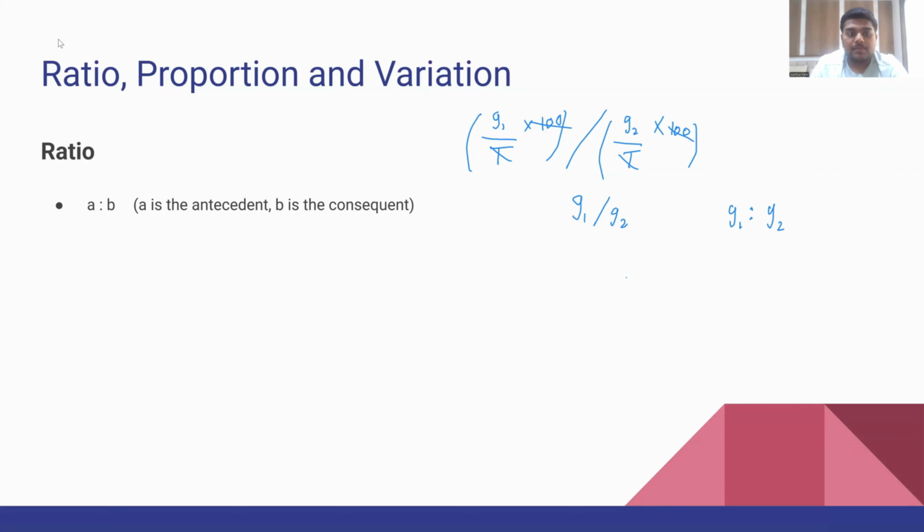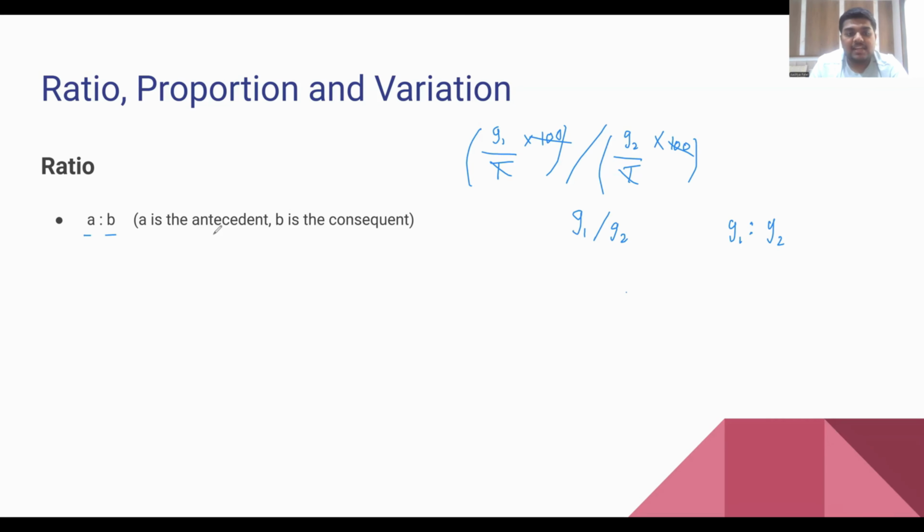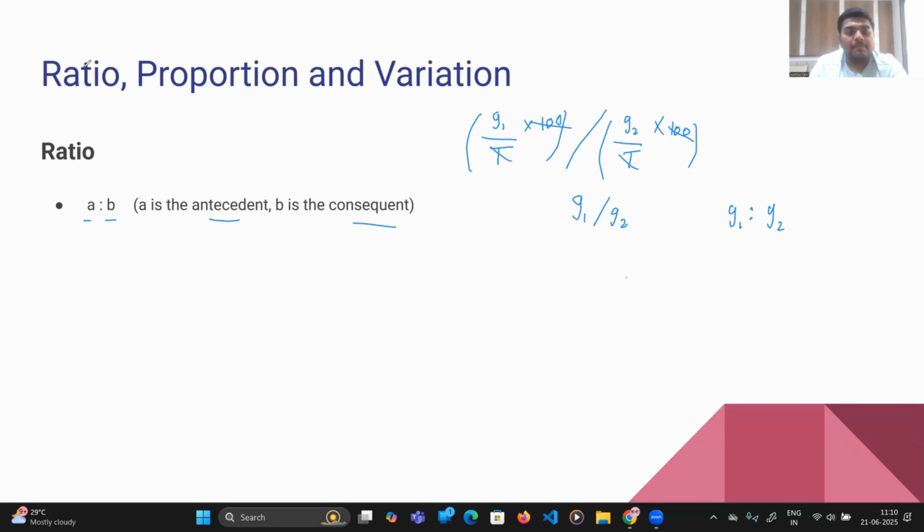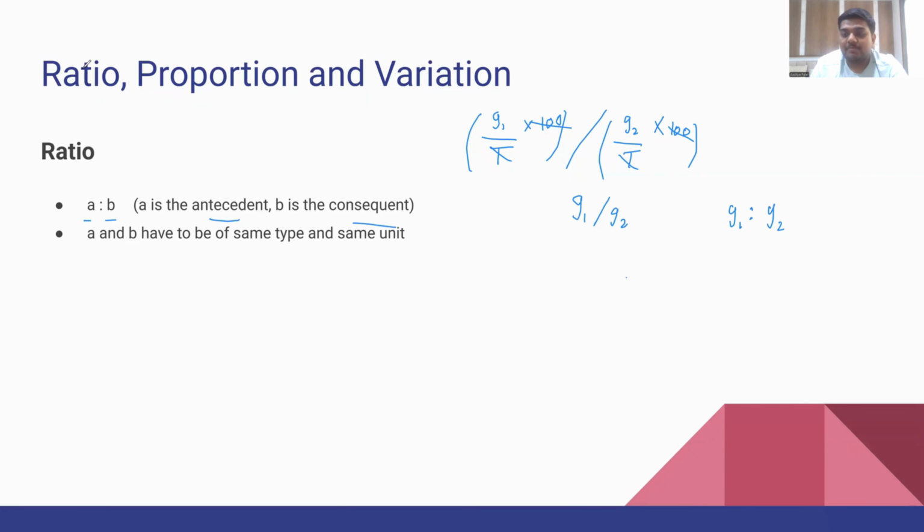Here, we call it A is to B, wherein A is the antecedent and B is the consequent. So the first value is the antecedent and the second value is the consequent. Then A and B have to be of the same type and same unit. Yes, that is but natural. Same type means that they should be either integers or decimals.